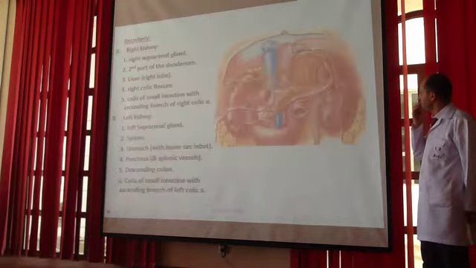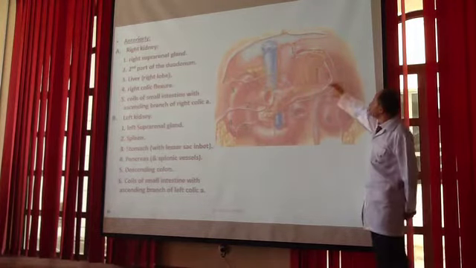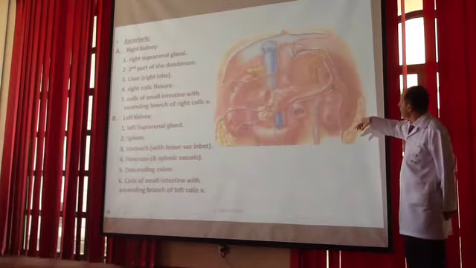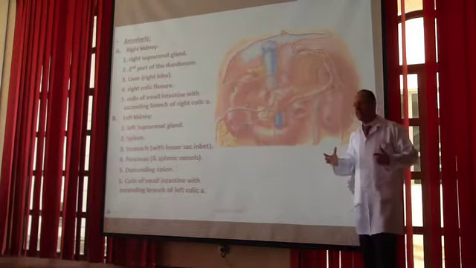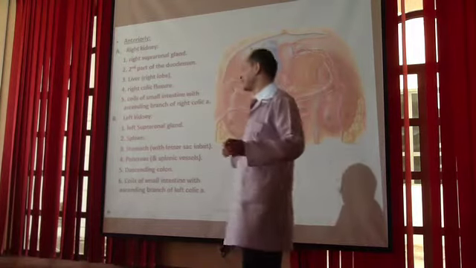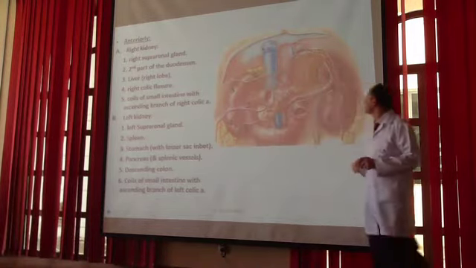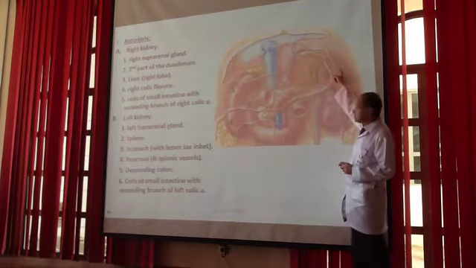Okay. Major anterior relation for the left kidney. Who remembers? Stomach. Bravo. What else do we have? Suprarenal and spleen.